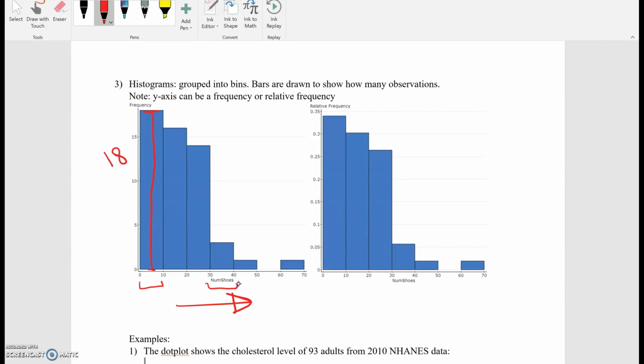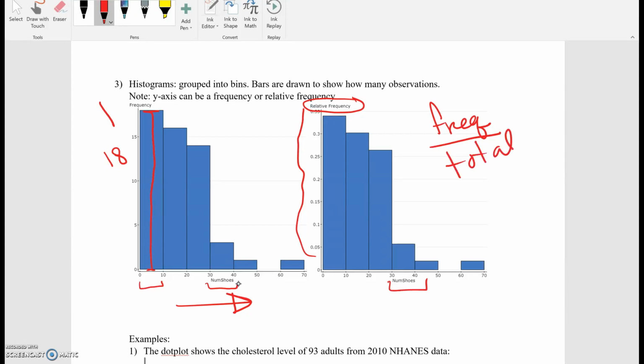Another way that you can do it is using relative frequency. Notice that the graph looks exactly the same. The number of shoes is exactly the same, but what's different is that now this is in terms of decimals. Basically, all you do is take the frequency, so how many people there are, and divide it by the total.